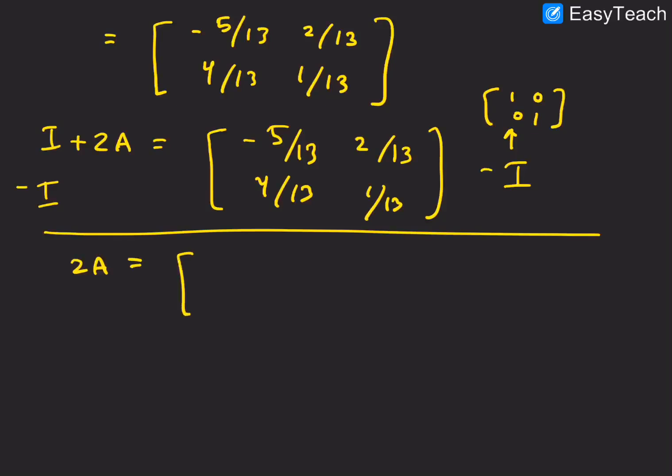we will get negative 18/13, 2/13, 4/13, and negative 6/13. So remember, let's just point that out. It's this term minus this 1, which was basically 13 over 13.